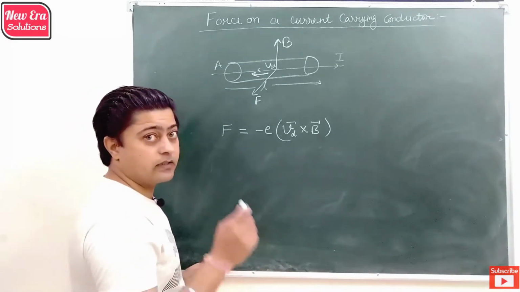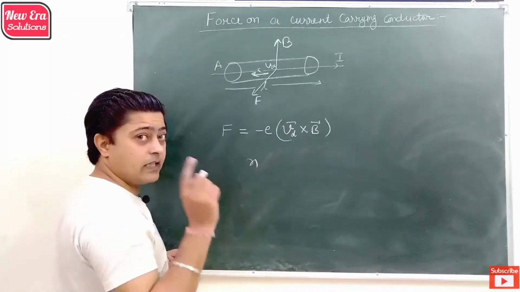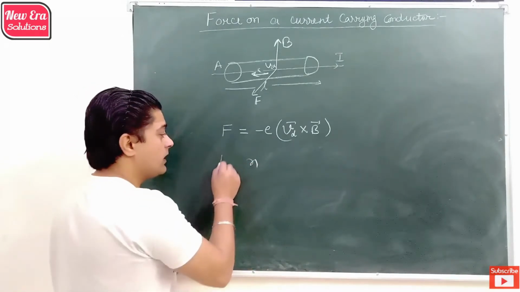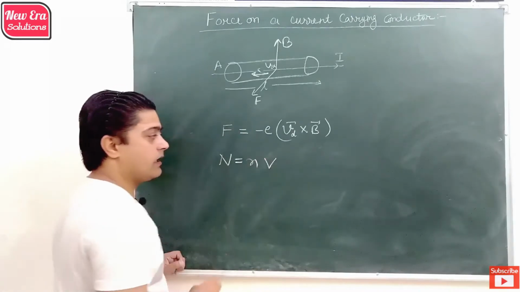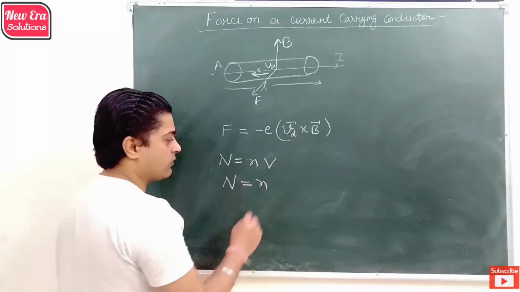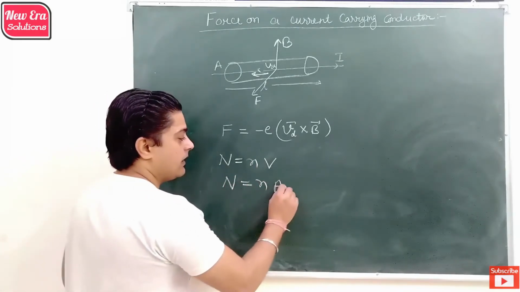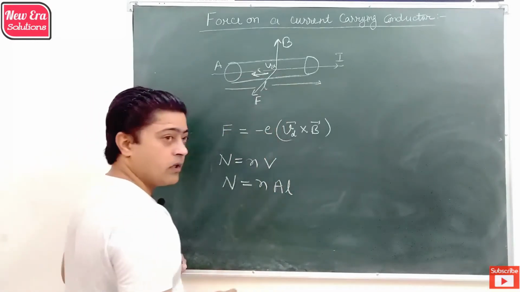But in a conductor there is a large number of electrons, so if small n is the number of electrons per unit volume, then the total number of electrons inside the conductor is n into V, where V is the volume, and total number of electrons is n A L, area of cross section into length becomes volume.